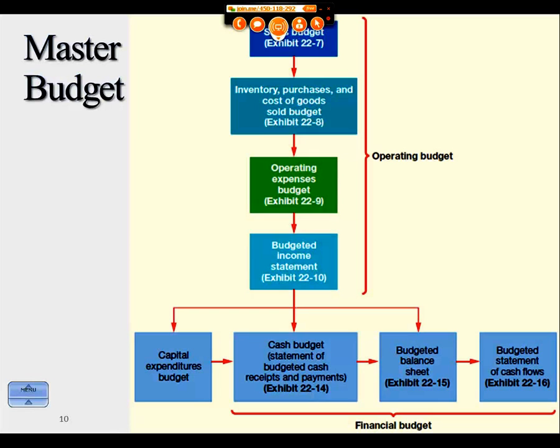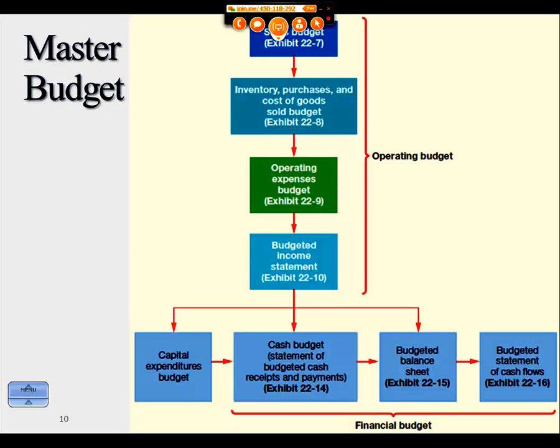So let's look again. Our operating budget. Okay, on the very top, it's your sales budget. Then we have inventory purchases, cost of goods sold, operating expenses, and your budgeted income statement. All right?